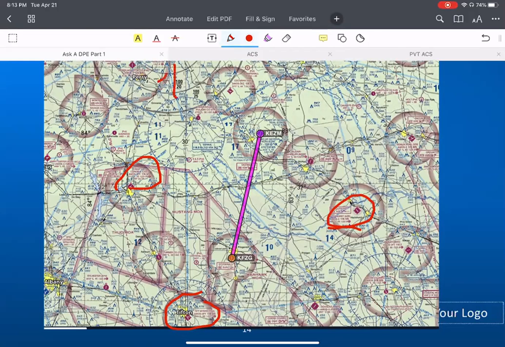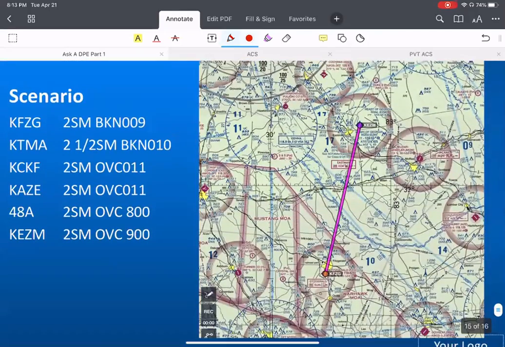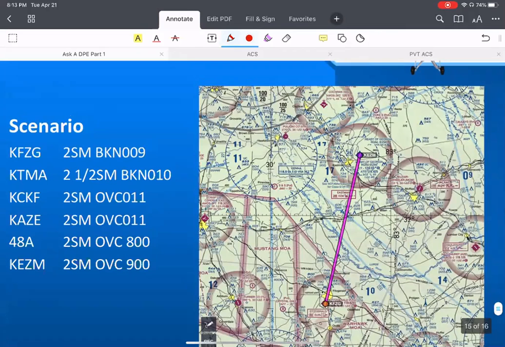This right up here is Warner Robins Air Force Base, and that's where you're getting your TAF from. And then this is Cochran, and it has weather information too. So now the next slide, a little bit closer in, you can still see those same airports. You've got CKF, you've got Tifton, which is TMA right down there, and then you have.